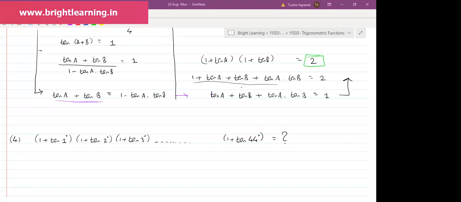Using the formula tan A plus B, can we solve it, sir? Okay, tan A plus B means what will you take as A, what will you take as B? The tan 1 means if I want 45 degrees, sir, I can first take tan 45 degrees and find the answer.